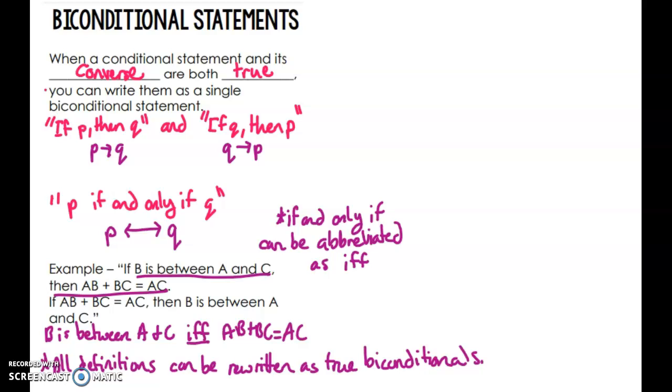Both are true, so you could rewrite it and say an angle is less than 90 degrees if and only if it is an acute angle. Or an angle is an acute angle if and only if it is less than 90 degrees. And when you see if and only if, it means it works both ways. In the conditional, the if-then statement, and its converse are both true.